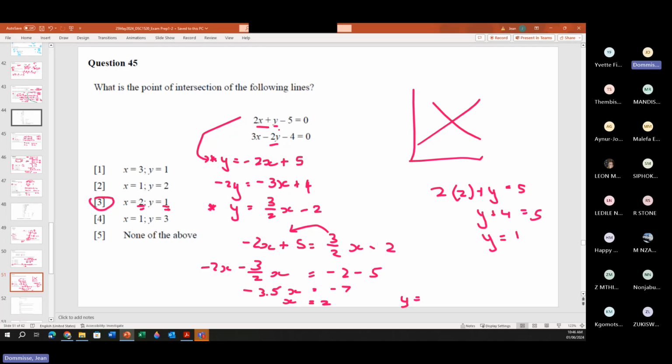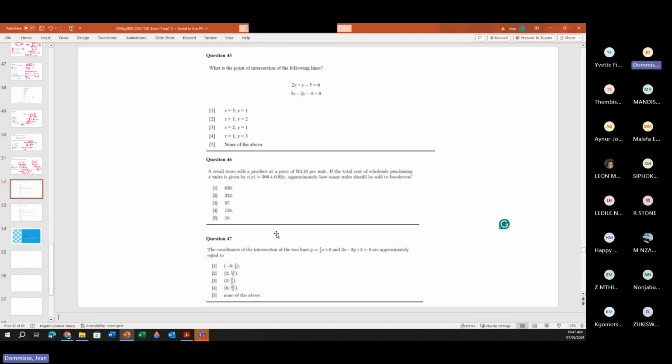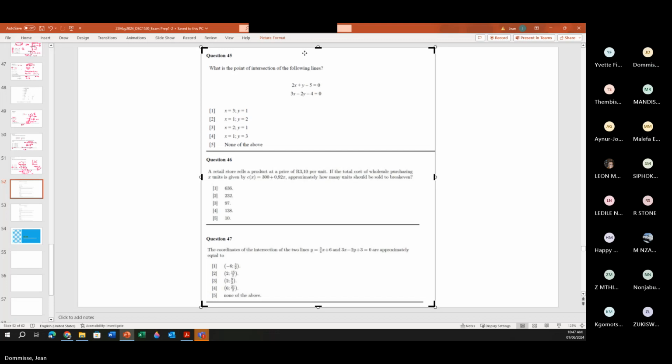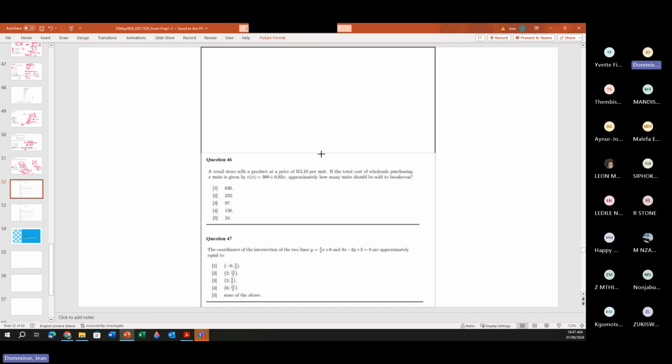So we've seen a few questions around simultaneous equations that have been asked just a bit differently. So again, a lot of simultaneous equations that we worked through just in a few different ways.